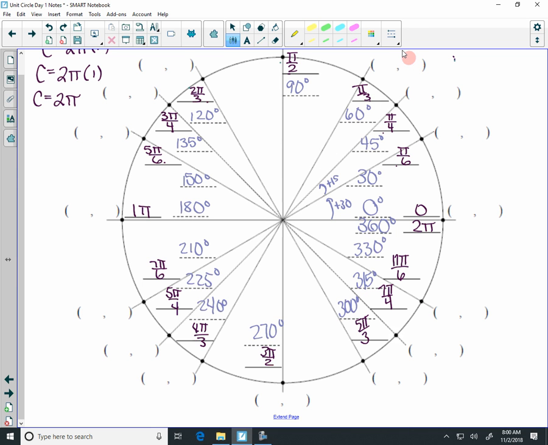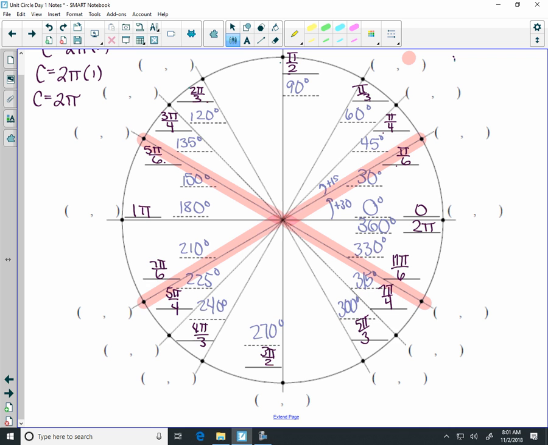So if you start with pi over 6, and look around the unit circle for where the sixths happen, we have 5 pi over 6, we have 7 pi over 6, and we have 11 pi over 6.